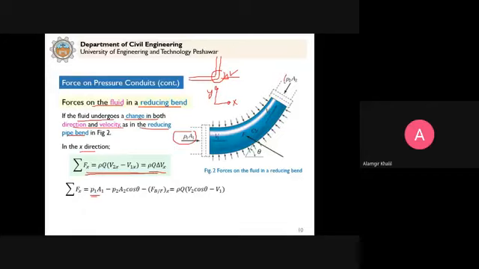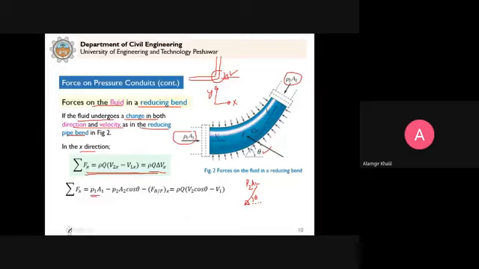Now you can see here this A2 and V2, it is making an angle theta. So since it makes an angle theta, we can calculate this. This is the force here, so this is your P2 into A2, and it makes an angle theta.